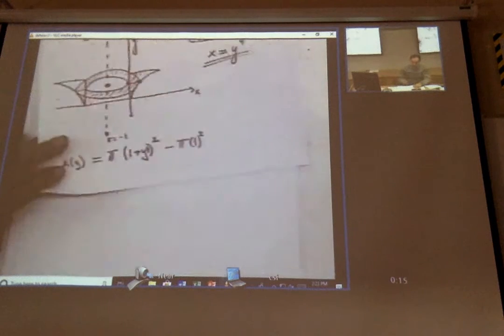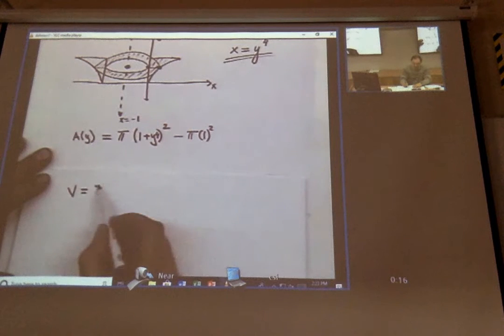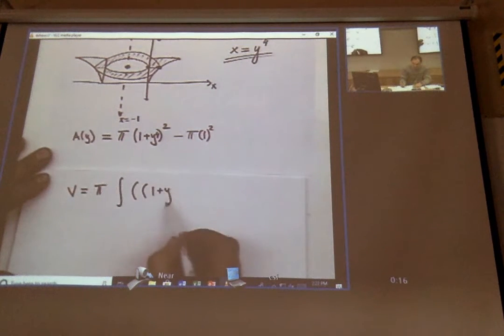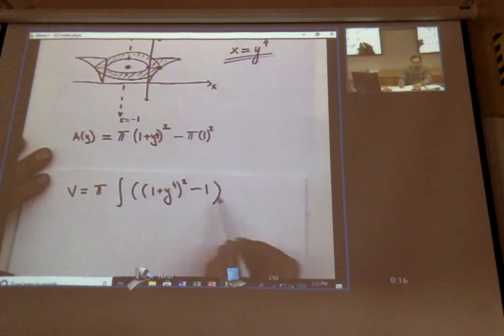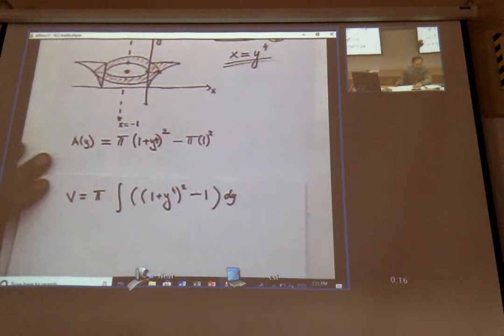So next, the volume, factoring out pi, pulling it outside, let's say, integral, and then I have (1 plus y to the 4th) squared minus 1, because 1 squared is 1, right? dy. And the next question, from what to what?